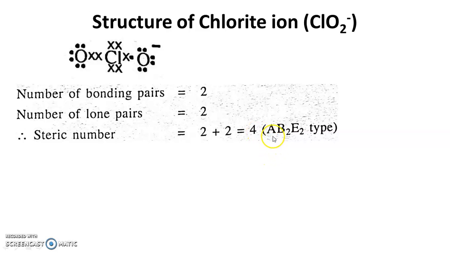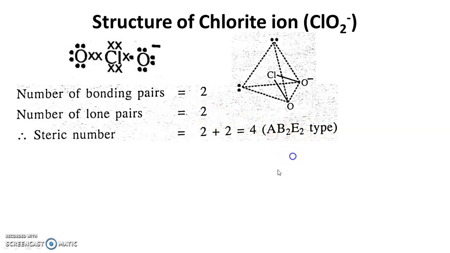But here this is an AB2E2 type of molecule because there are 2 lone pairs. The expected geometry is tetrahedral, but there are 2 oxygen atoms and 2 lone pairs. Chlorine will be at the center of the tetrahedron, 2 corners of the tetrahedron will be occupied by the oxygen, and the rest of the 2 corners occupied by the lone pairs.